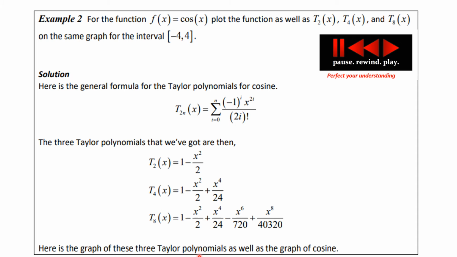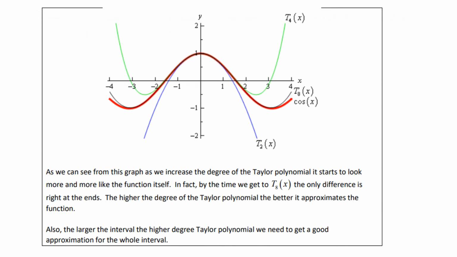Let's look at the graphs of these Taylor polynomials instead of the numbers this time, and we're going to compare them to the graphs of the cosine. Okay, so now you can see from the graph that the cosine is the red curve.